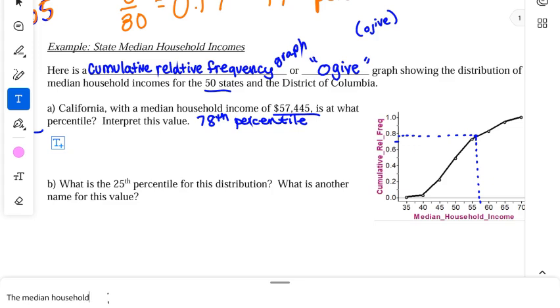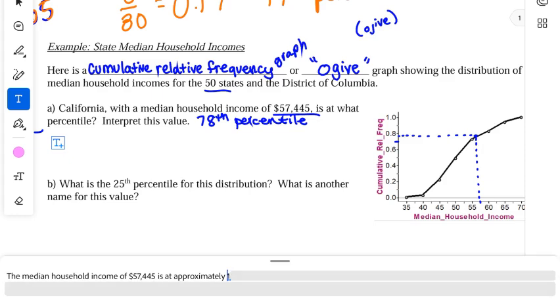The median household income of California is at approximately the 78th percentile. Let's go back.